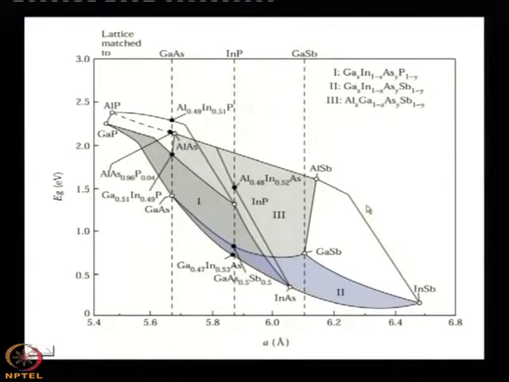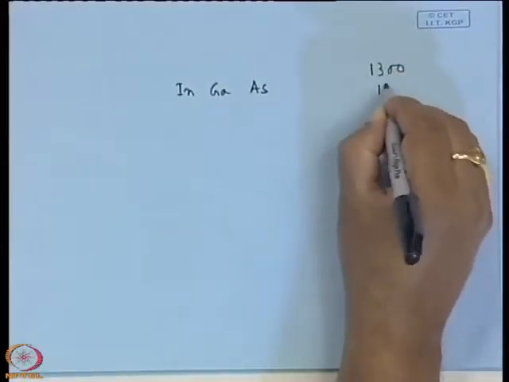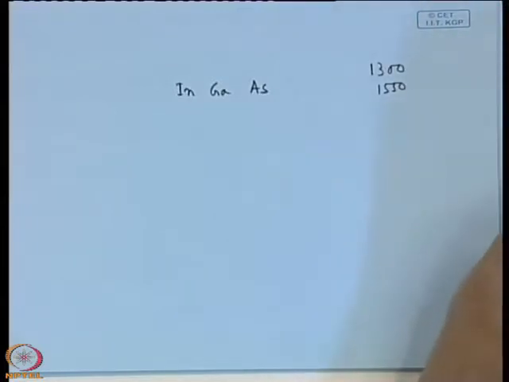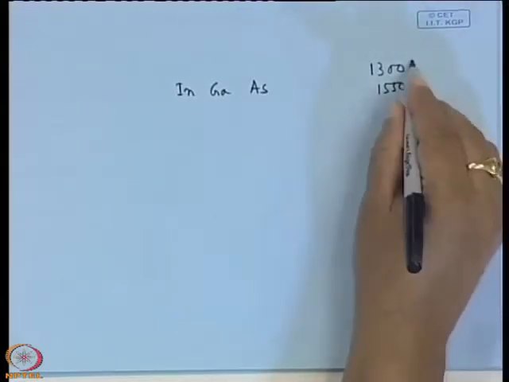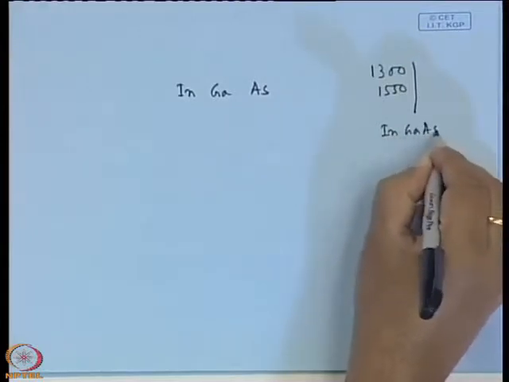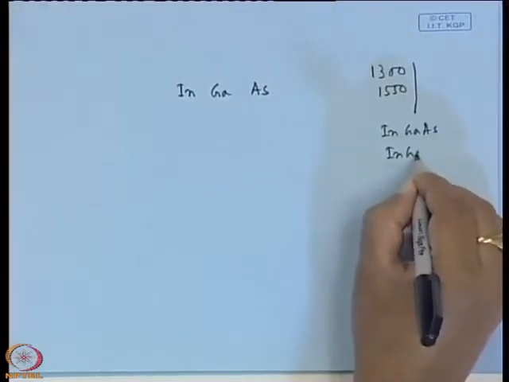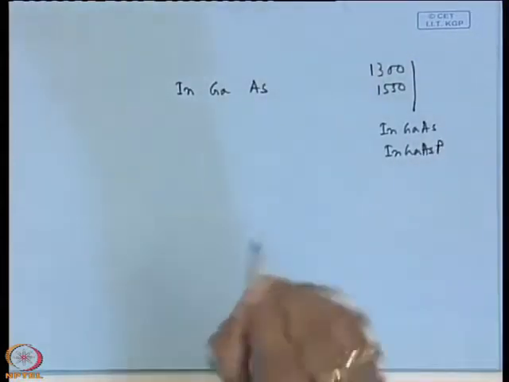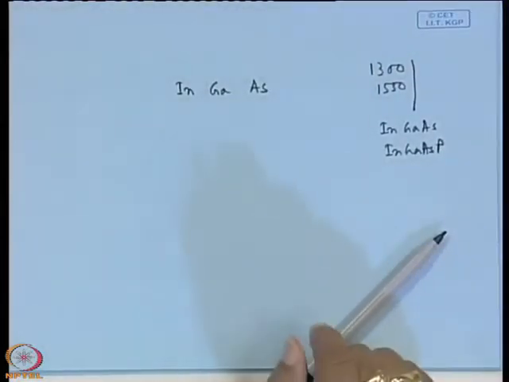Okay. If you want to grow 1300 nanometer or 1550 nanometer fiber optic sources, then you have to use indium gallium arsenide or indium gallium arsenide phosphide. These are two very important materials.